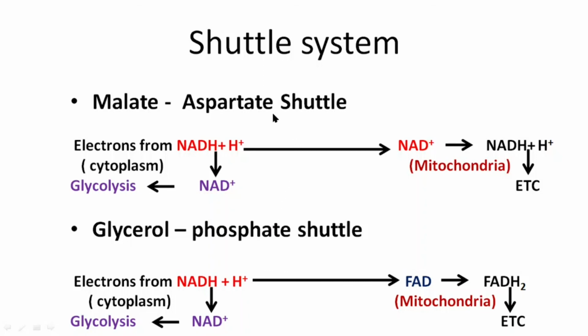If it is malate aspartate shuttle, the electrons from NADH in the cytosol are transferred to NAD+ present within mitochondria. If it is glycerol phosphate shuttle, the electrons are transferred to FAD present in the mitochondria. After giving away the electrons, the reduced NADH becomes oxidized. Oxidized NAD+ again goes back to glycolysis to accept electrons in the sixth step of glycolysis.